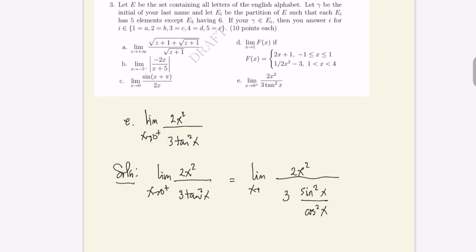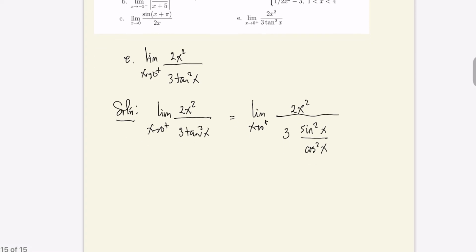Then I take the reciprocal, so it becomes the limit of 2x squared cosine squared x over 3 sine squared x, as x approaches 0.